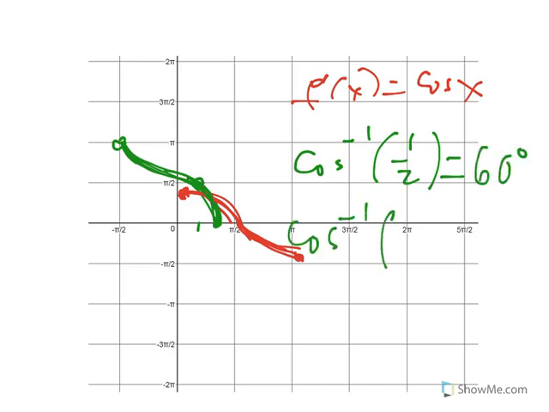If I say cosine inverse of negative 1/2, it's not going to be negative 60 degrees as you might expect from what we saw with sine. If I go to negative 1/2, I end up here, and it ends up being between 90 and 180, and it's 120 degrees.